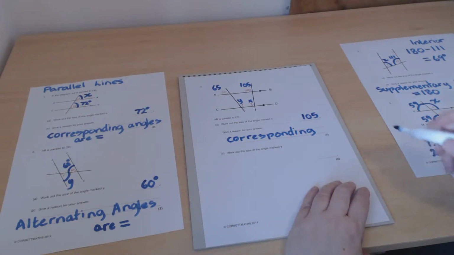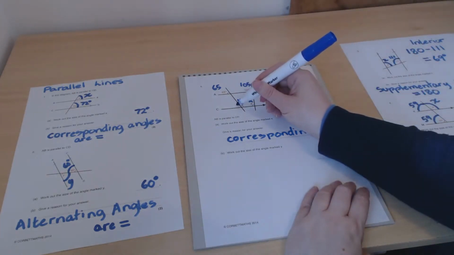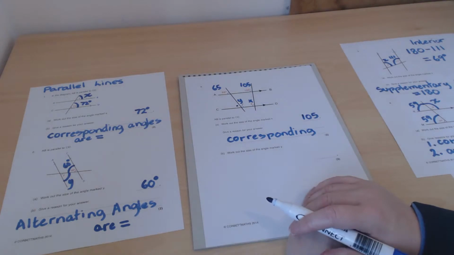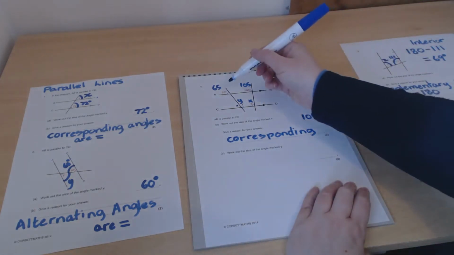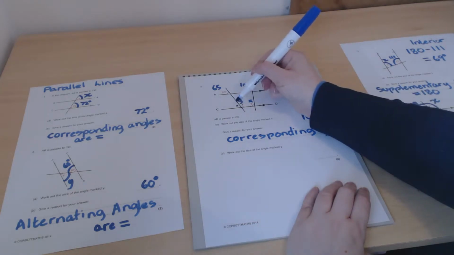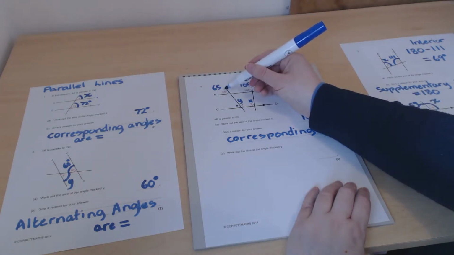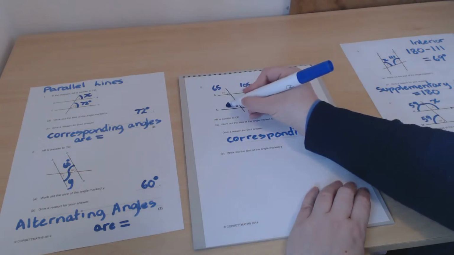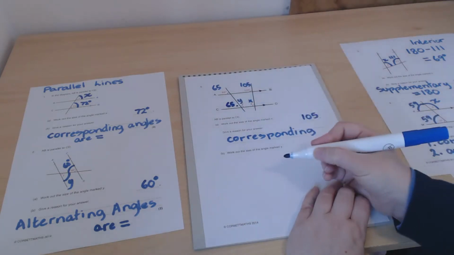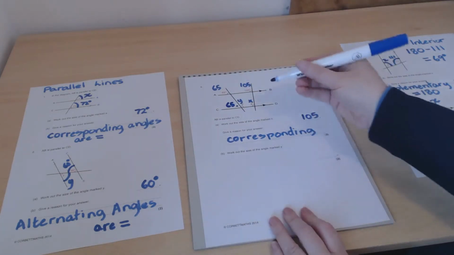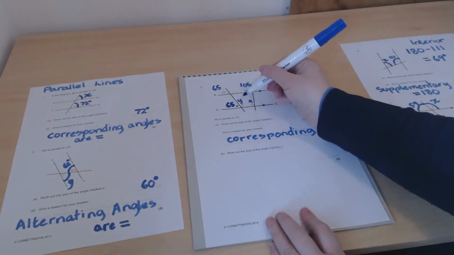Okay, so if, however, we knew what this angle was on this side, we could use angles on a straight line. And we can work out what that is because this angle is corresponding with this angle, so this angle is also 65.